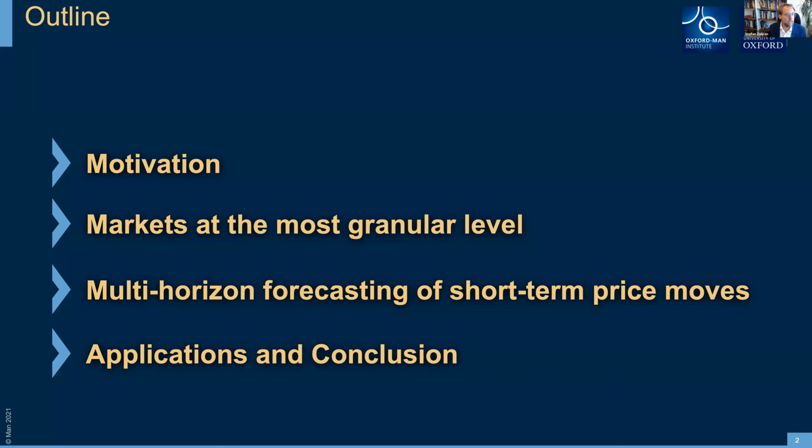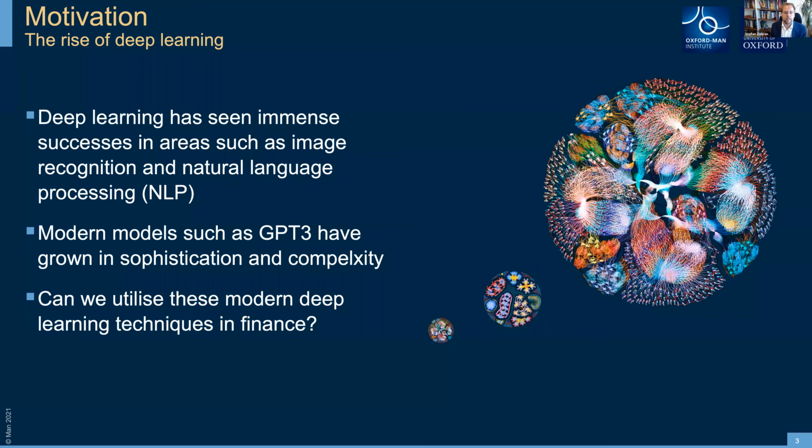So off to the motivation. I think all of us have seen the rise of deep learning. It has been immensely successful in many areas, such as image recognition, as well as natural language processing. Those are the areas which really have seen tremendous successes with novel techniques, especially some of the very modern ones.